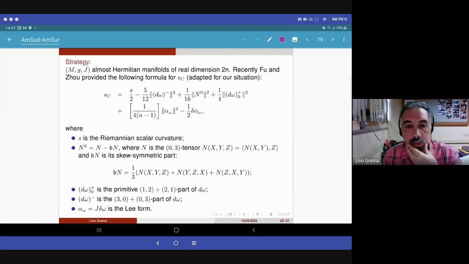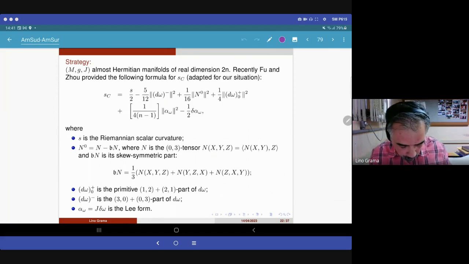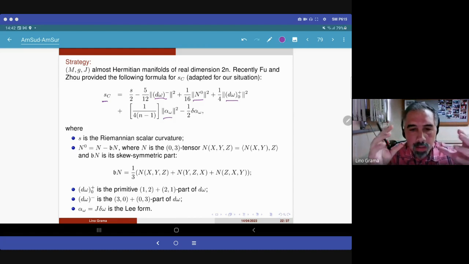What is our strategy? Very recently, Fu and Zhou provided a formula for the Chern scalar curvature, and we adapt this to our situation, and then we can write this scalar curvature function in terms of these pieces, the 4 pieces actually, and these pieces are related to the almost Hermitian geometry of the manifold.